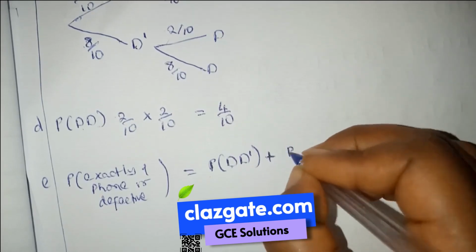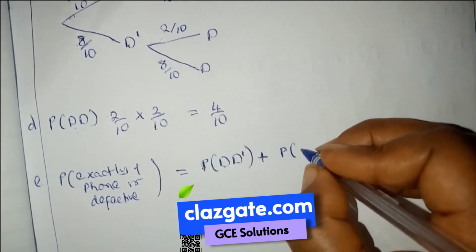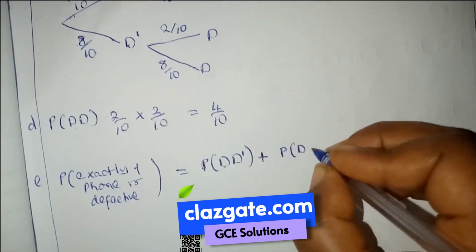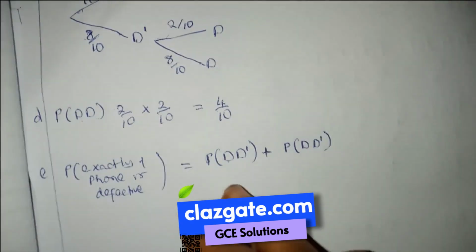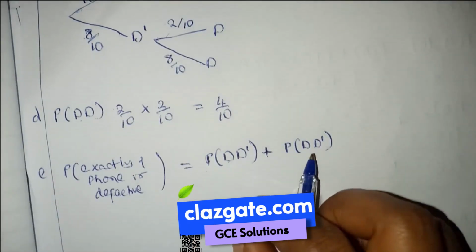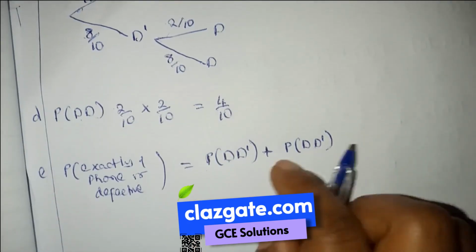Plus the probability that on our first draw the phone is non-defective and the second phone is defective. Here only one is defective, and here only one is defective. So we have to add these two probabilities.